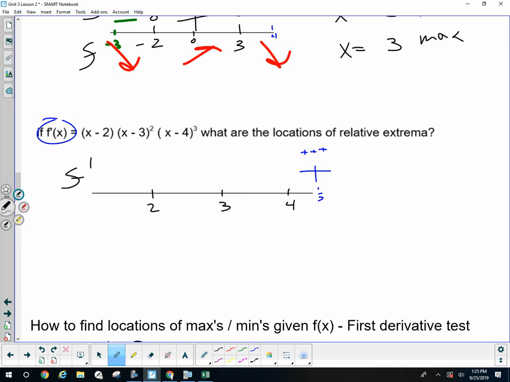I know we don't change signs at 3 by looking at f prime. Check with a neighbor once you think you have your signs down.